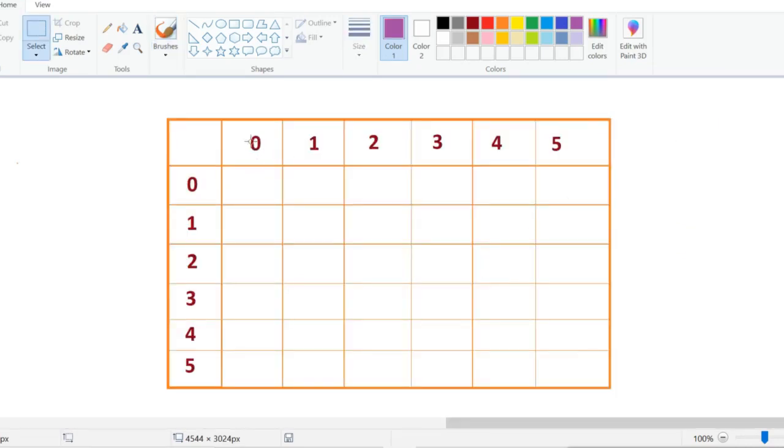So when we say 0 multiplied by 0, it will mean 0. Similarly, 0 times 1 will be 0, or 2 times 2 will be 4, and so on. We have to make this table complete. So when I say 2 multiplied by 4, that is 8.